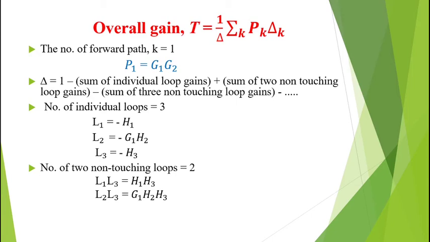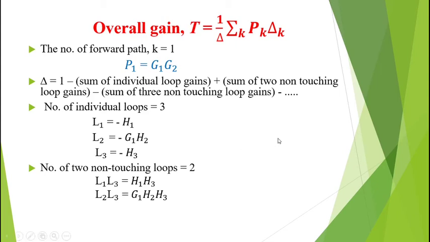So definitely we can say that there are no three non-touching loops in this signal flow graph. So we can stop calculating delta here: we have only the sum of individual loop gains and the sum of two non-touching loop gains. We don't have the sum of three non-touching loop gains term because we don't have three non-touching loops in the signal flow graph.